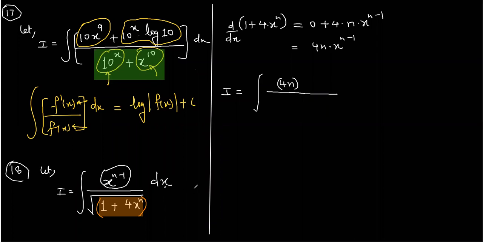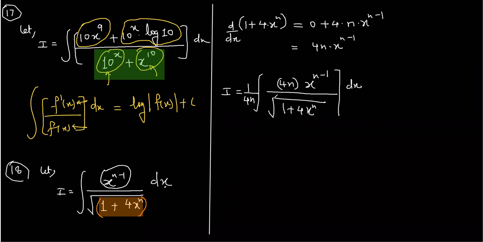So I multiply 4n in the numerator, and I get 4n into x raised to n minus 1. Since I am multiplying here, I will divide by 4n. Why do I do this? Because it gets me the derivative of the content of the square root, over square root of 1 plus 4x raised to n, dx.